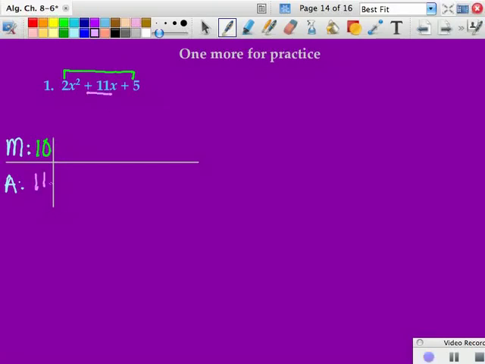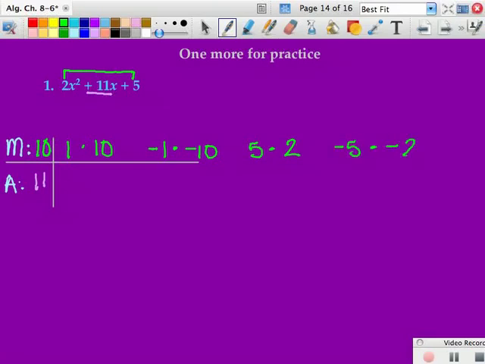If we take 1 and multiply it by 10, that will give you 10. If we take -1 and multiply it by -10, we get a positive 10. If we take 5 and multiply it by 2, we get a positive 10. If we take -5 and multiply it by a -2, we get a positive 10. Now don't forget the negatives, okay, because these will come in handy sometimes.